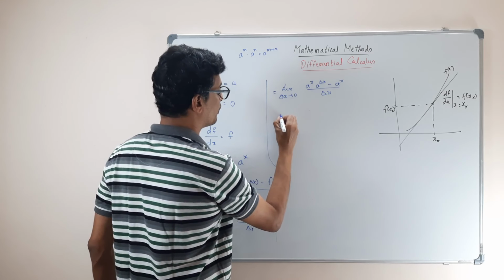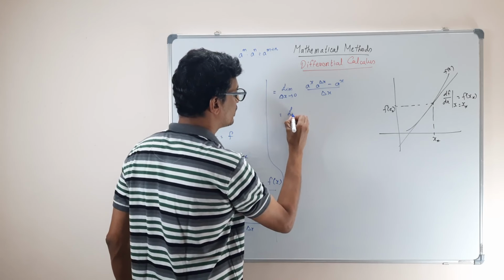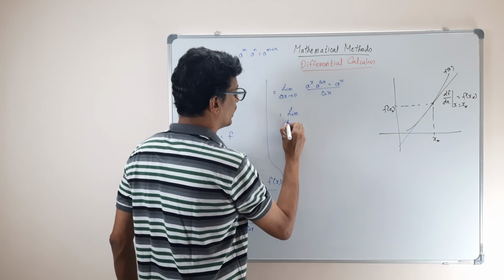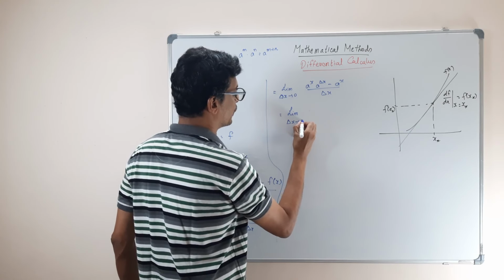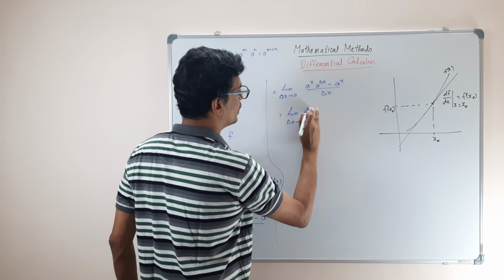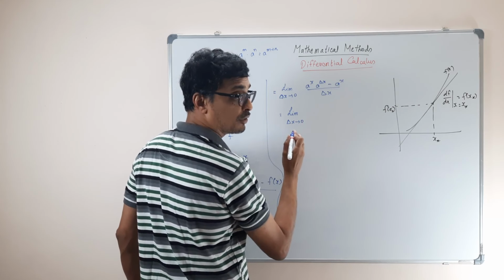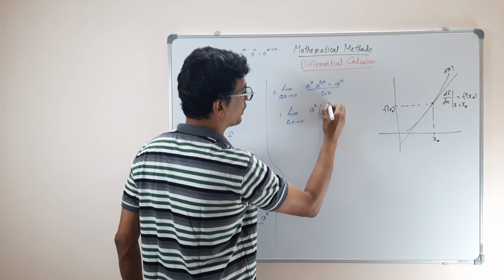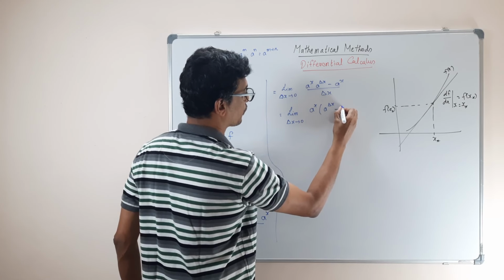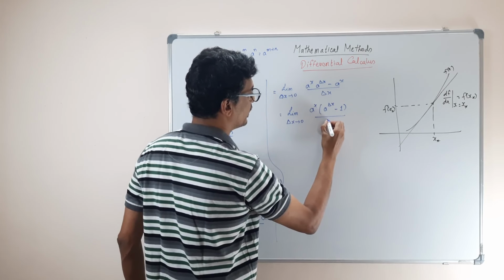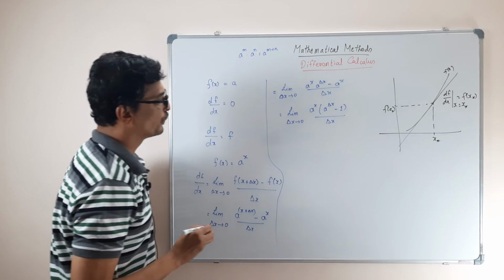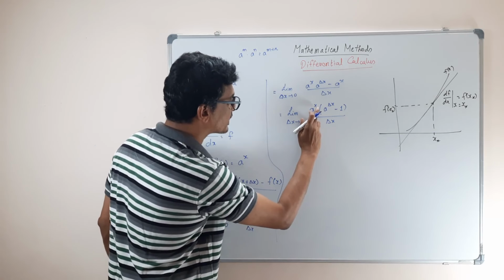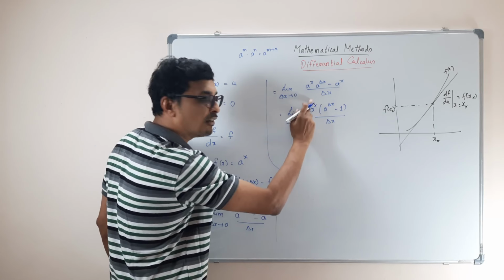Correct? So this will be what? Tell me. Limit delta x tends to 0. So here a power x I can take commonly outside. So when you take a power x commonly outside, what are we having? A power delta x minus 1 divided by delta x. So now if you see, this is a power x. This doesn't contain delta x at all.